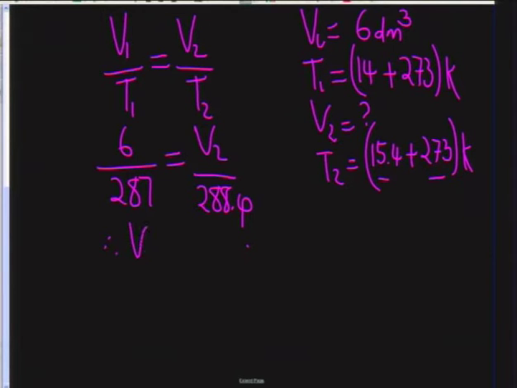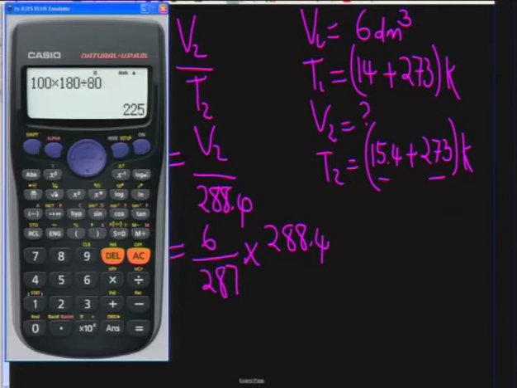Therefore, V2 is going to be 6 over 287 times 288.4. Let's make use of a calculator and see how much the lungs would have to increase by to be able to accommodate that particular situation. So this would be 6 times 288.4 divided by 287, right?